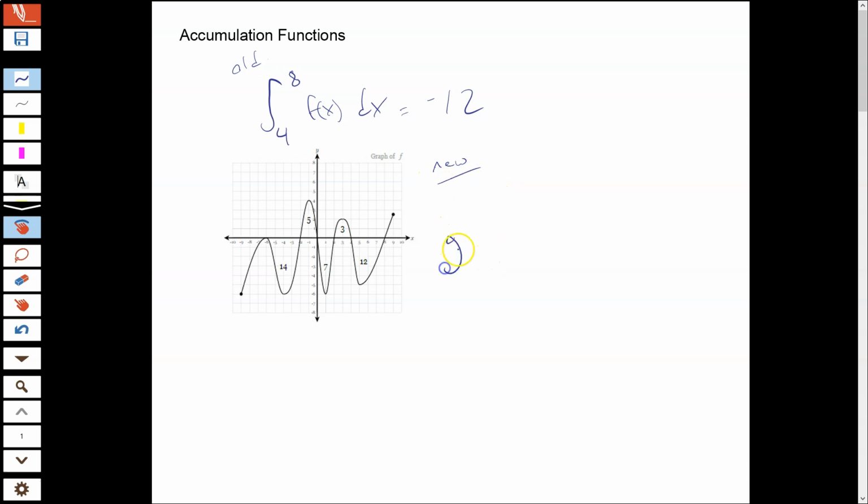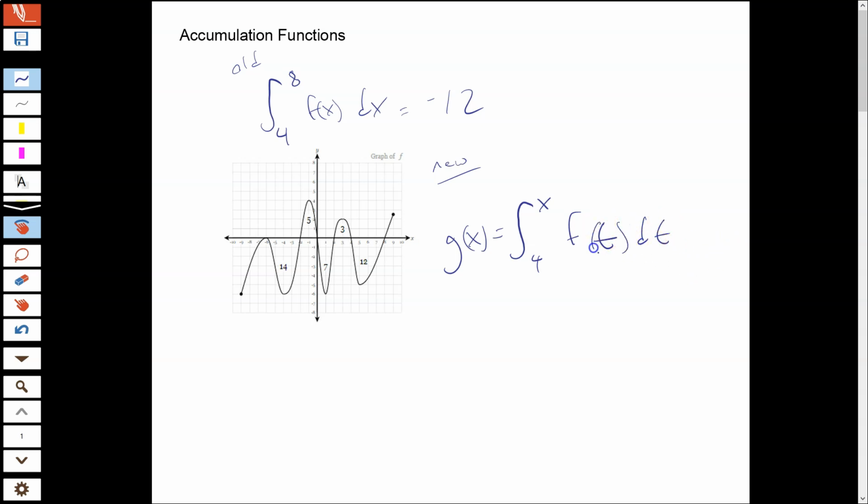We're going to let g of x equal the integral from 4, but instead of an upper bound this time, we're going to say the integral from 4 to x of f. And this time we don't want to say f of x because we want to have two different variables here. We're going to say f of t dt.